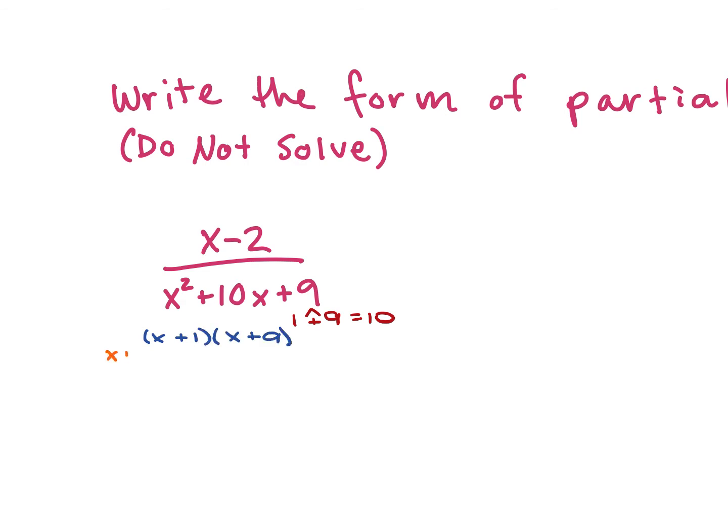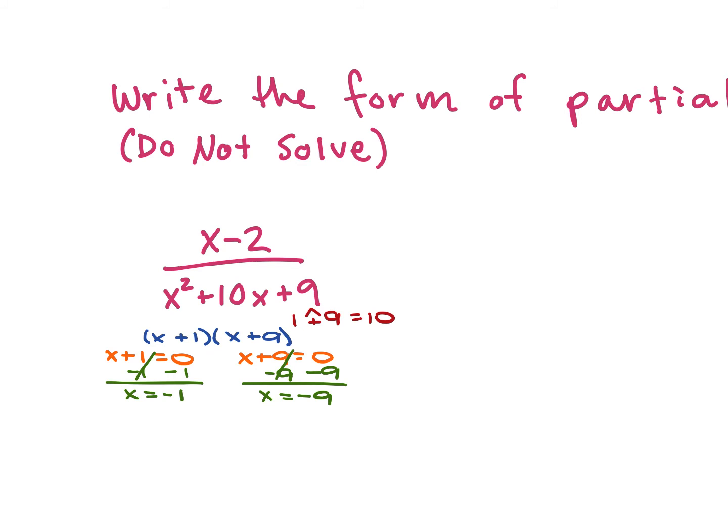If we set that x plus 1 equal to 0 and that x plus 9 equal to 0, we're going to move the 1 over by subtracting it from each side, and we get that x is equal to negative 1. We move the 9 over by subtracting it from each side, and we have that x is equal to negative 9.